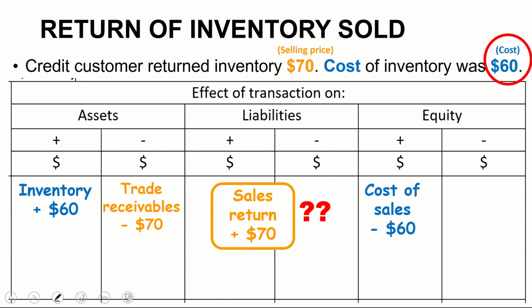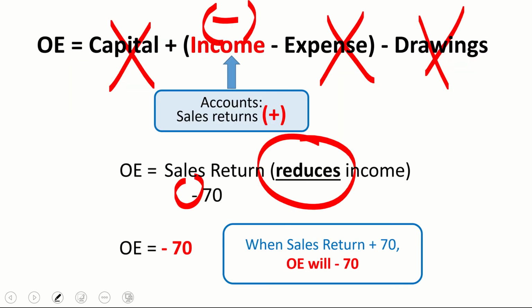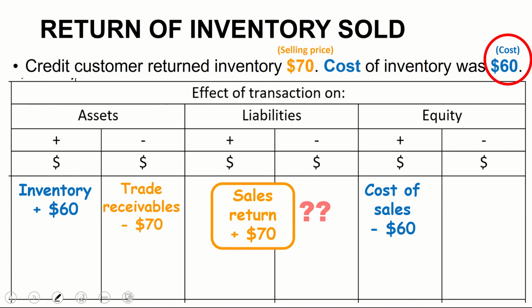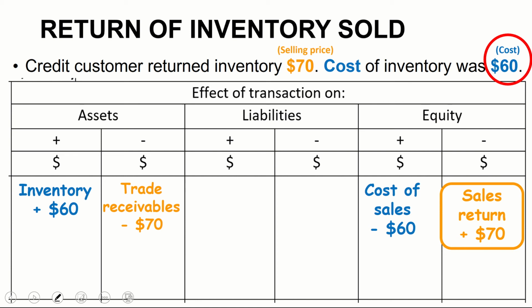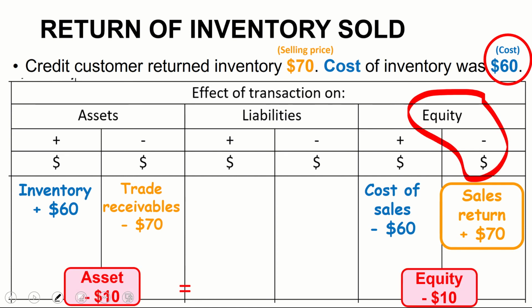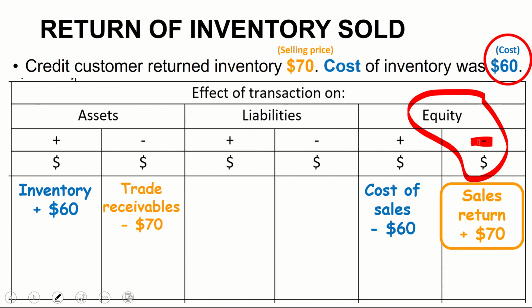This is how I will record it: my sales return will go into my equity column with a minus sign, because equity will reduce by $70 when there is more sales return.